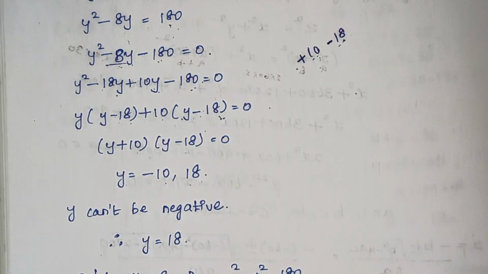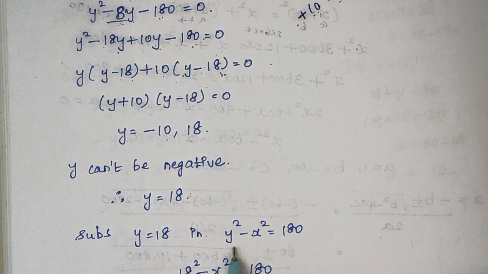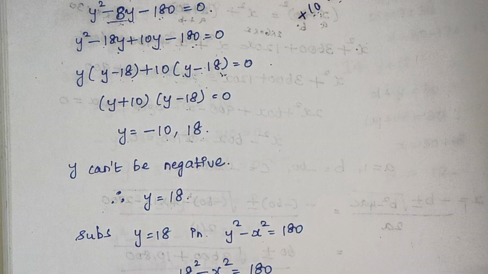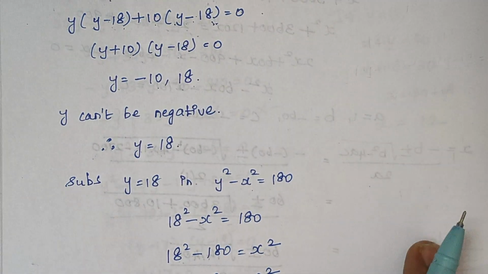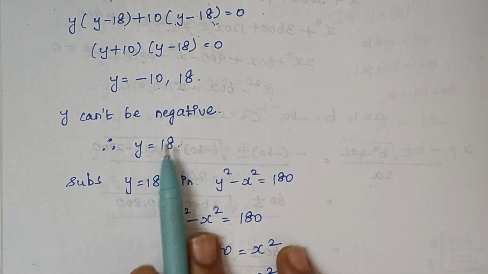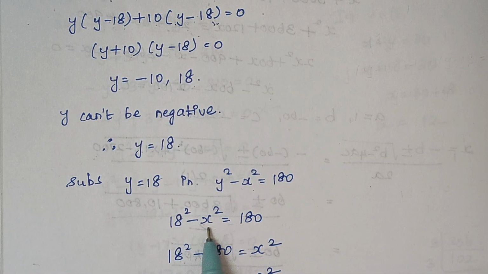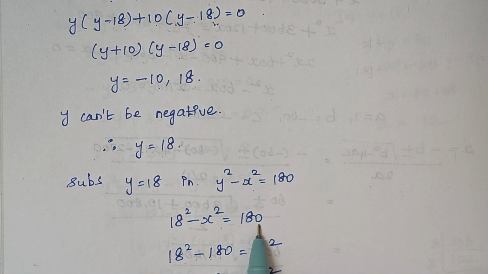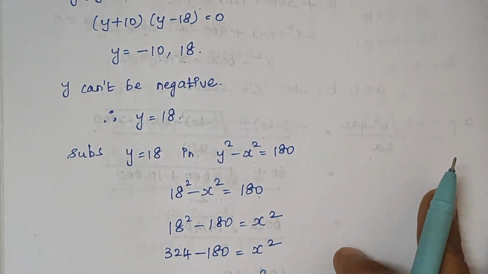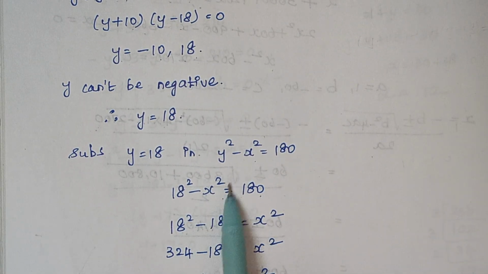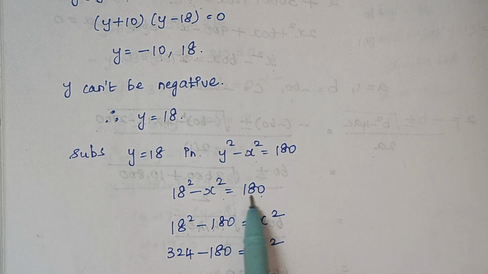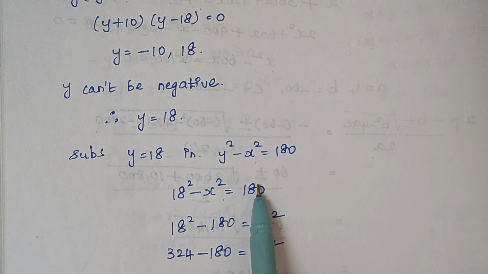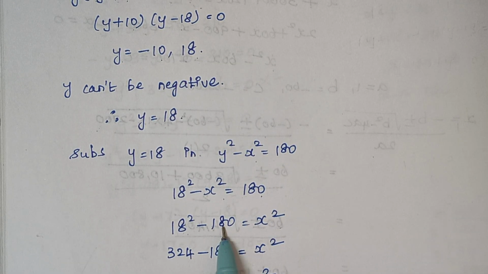When you substitute y equal to 18 in the relationship y square minus x square is equal to 180, in the place of y we substitute 18. So 18 square minus x square is equal to 180. Now I am moving this minus x square to the right hand side, so it becomes plus x square, and this plus 180 to the left hand side, so it becomes minus 180.